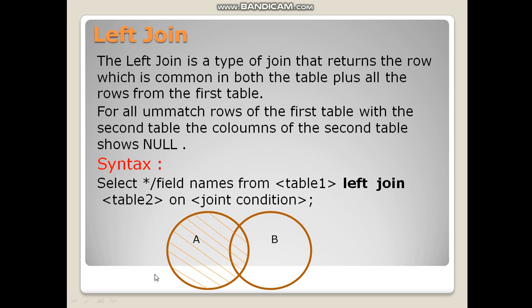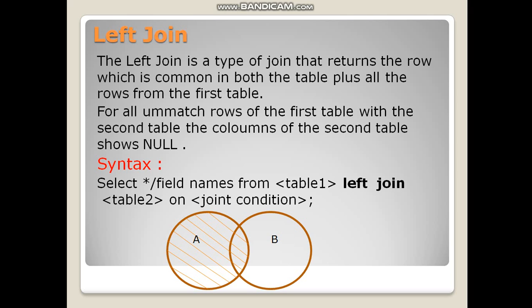Next comes the LeftJoin. It is also a very simple thing. LeftJoin will display the records which are common in both the tables, plus all the records from the first table.